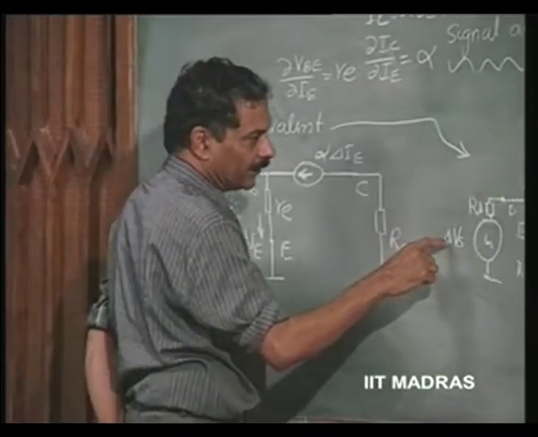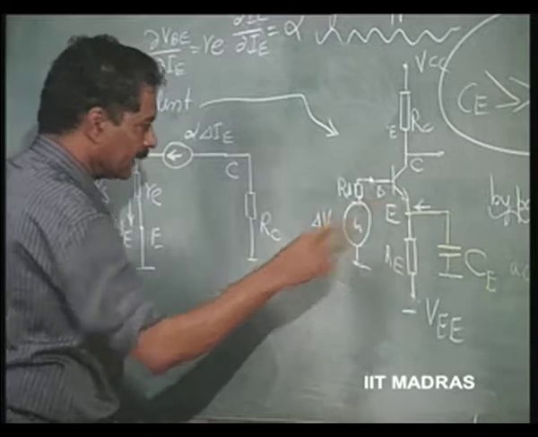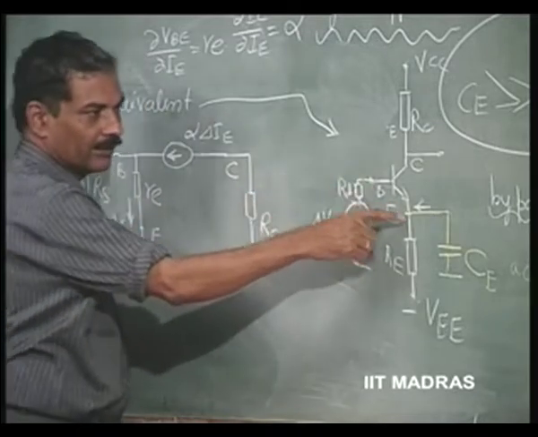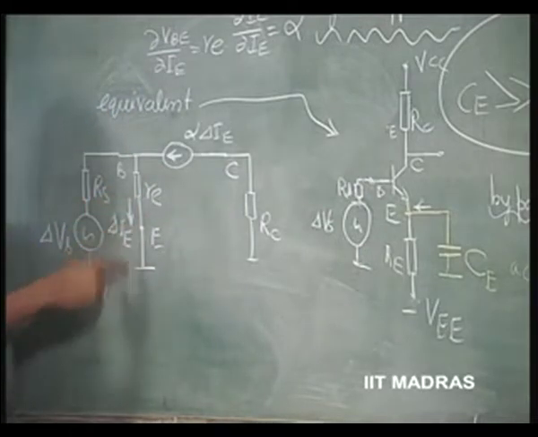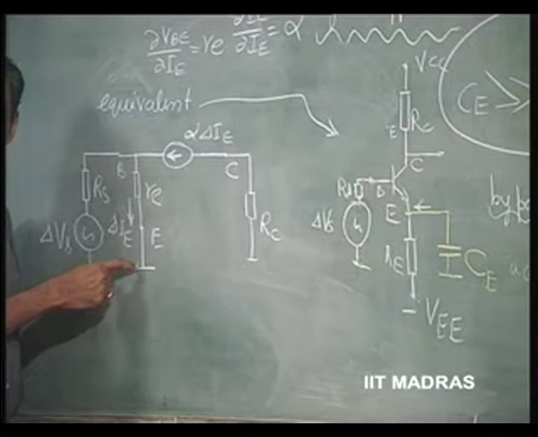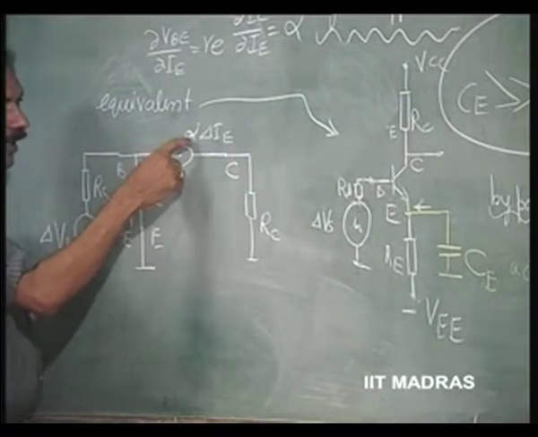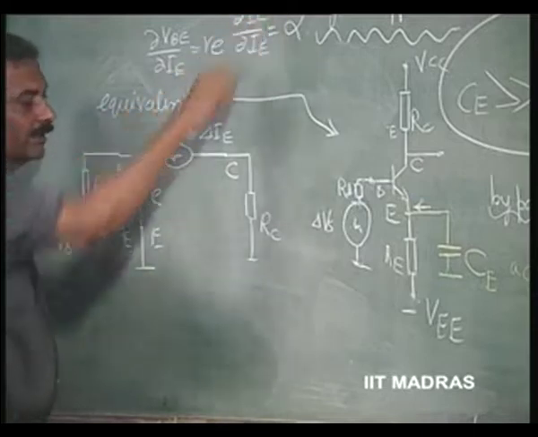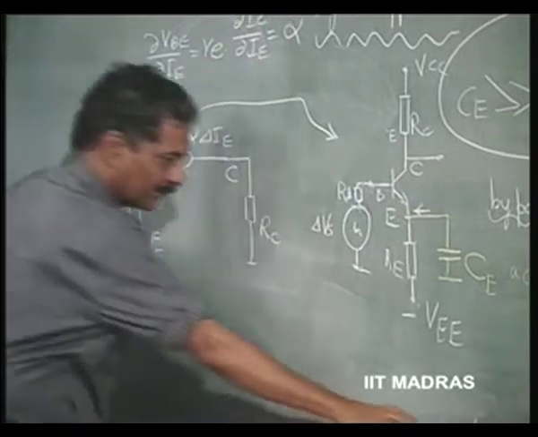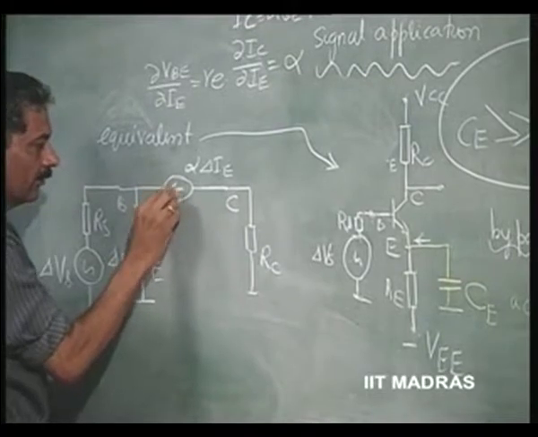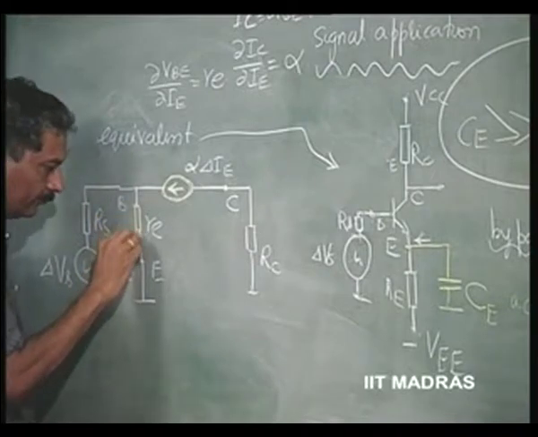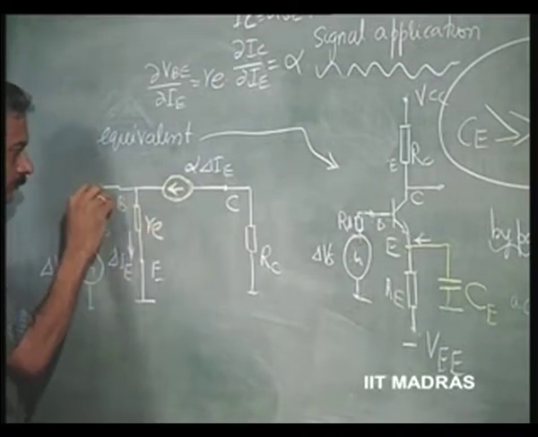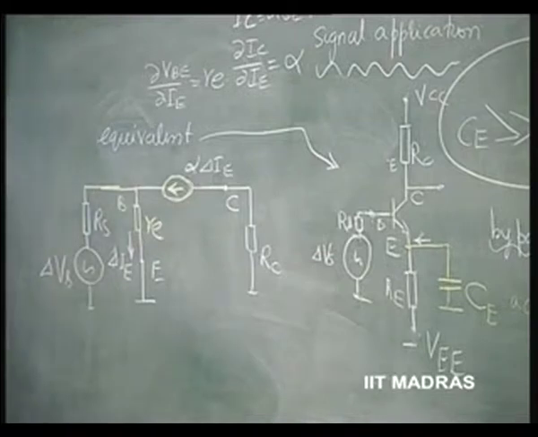Corresponding to which we have replaced this transistor by delta Vbe by delta Ie, so Re, and that delta Ie is supposed to flow through Re, resulting in a collector current of alpha times delta Ie from this relationship, and this whole thing is an equivalent circuit. This is the simplest equivalent circuit one can think of for the transistor.